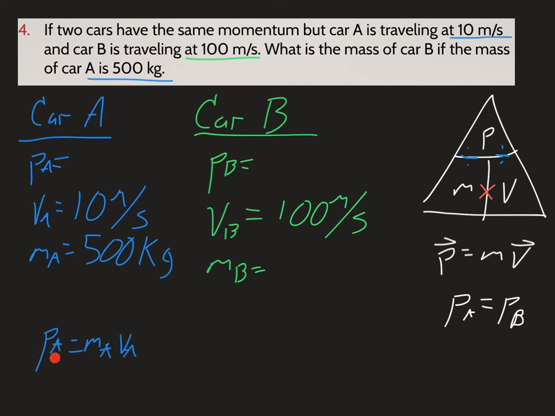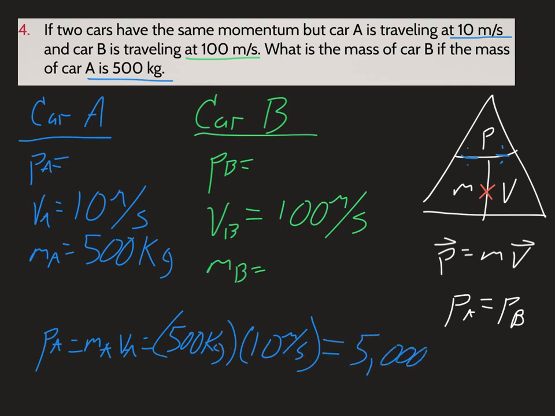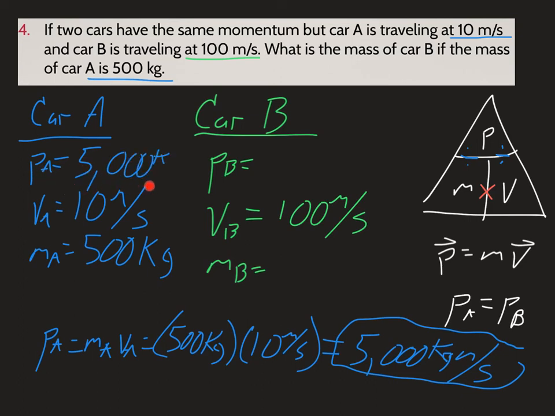Notice my subscripts, momentum A, mass A, velocity A, and then I plug in my values. 500 kilograms times 10 meters per second is going to equal 5,000 kilogram meters per second. Now that I have the value of the momentum of car A, I can write that in right up here for my car A momentum.